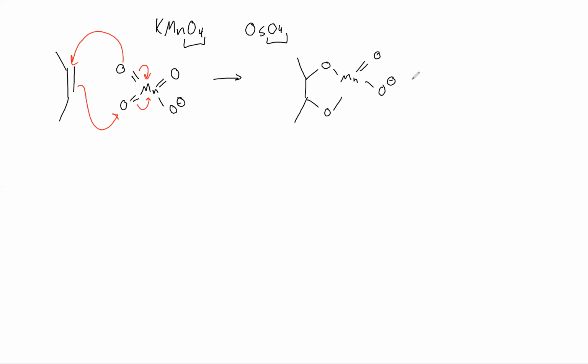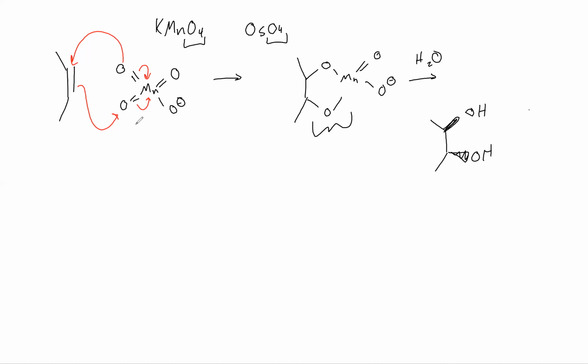And then essentially we're going to treat this with H2O, which will break everything apart, so we don't need another mechanism, and we end up with two hydroxy groups on the same side. The reason they're on the same side is because these bonds, the Mn bonds, are holding them in place, preventing them from moving to a different type of wedge. Okay? So this is the syn-dihydroxylation.